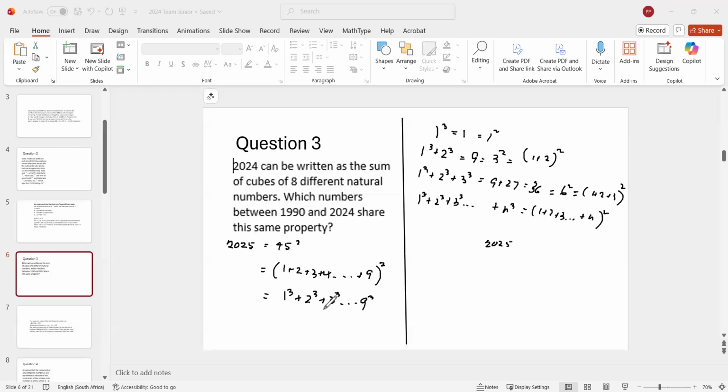That is 2025. I'm going to remove one of these cubes. Let's call it x cubed. Then I've got the sum of 8 cubes, right? And that lies between 1990 and 2024.